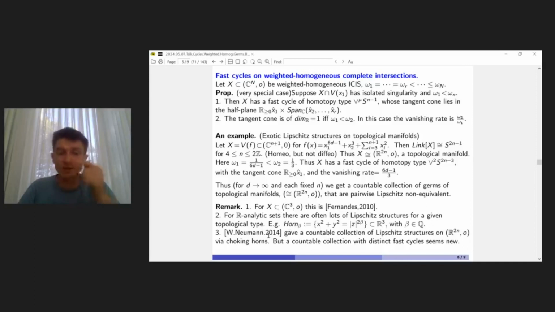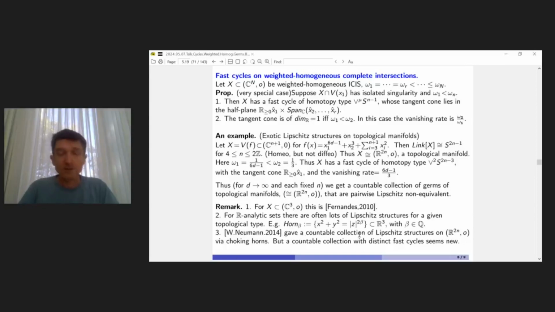Just as the appendix was attributed to Walter, I cited him. Yeah, of course, it is a joint paper of many authors. Completely right. Sorry.